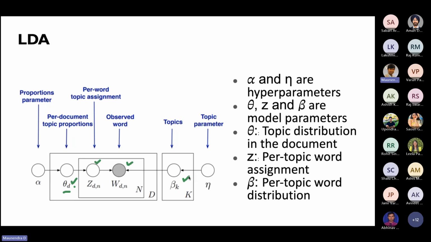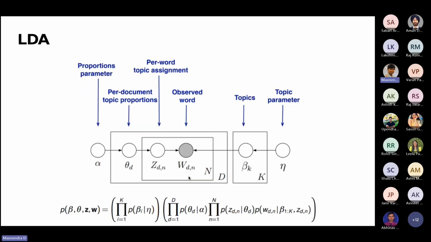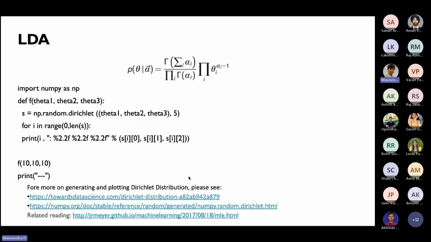These are sampling of probability vectors, and as we know, to sample real numbers we have different distributions like uniform distribution, exponential distribution, Gaussian distribution, and so on. Similarly, for sampling probability vectors, one very commonly used distribution is the Dirichlet distribution.